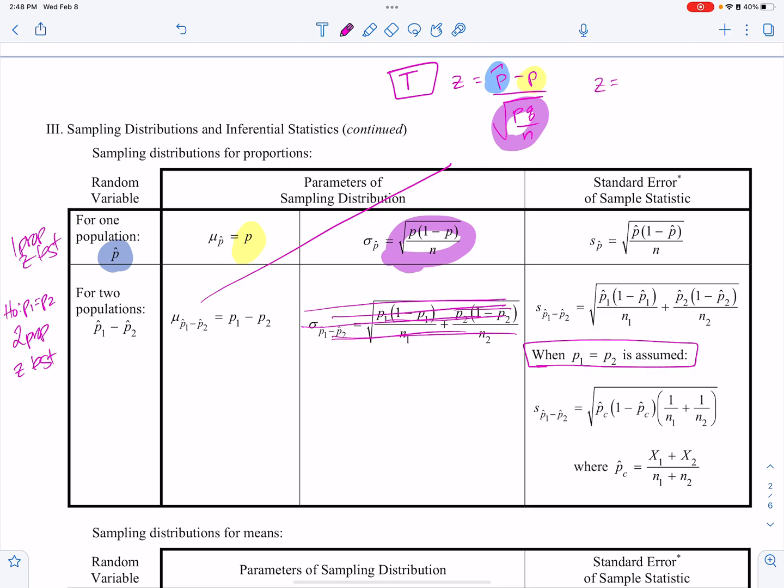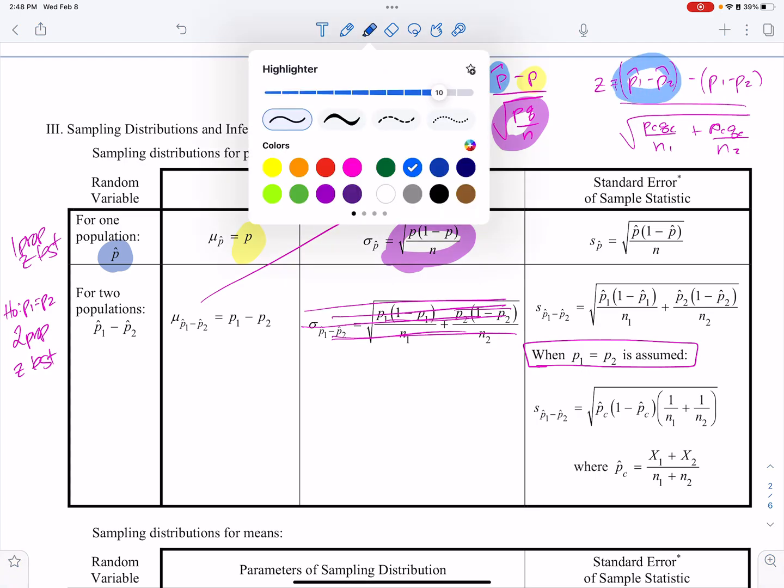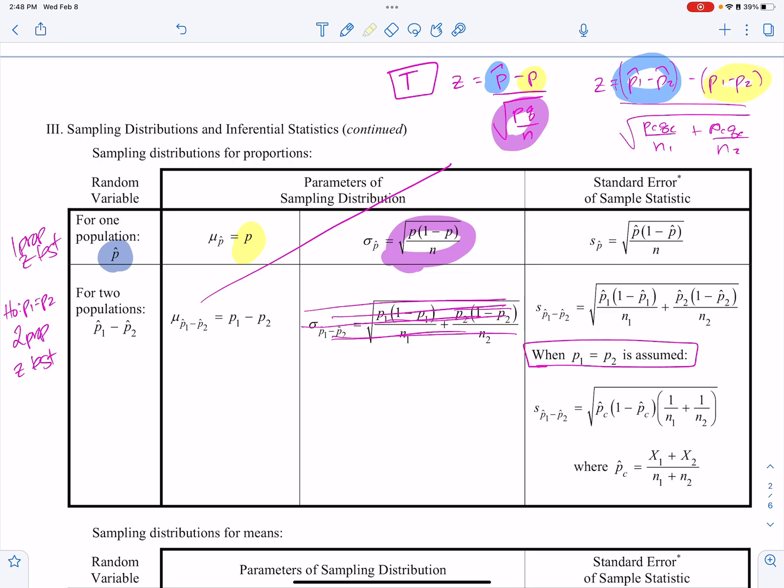So same thing on this one. It's going to be Z equals, this is for the 2-prop, P1 hat minus P2 hat minus P1 minus P2, all over PCQC over N1 plus PCQC over N2. Okay, same thing, the same colors. I've got the blue, the yellow, and the purple.